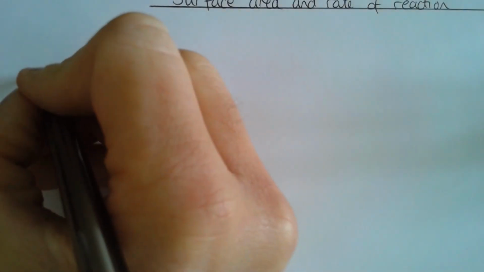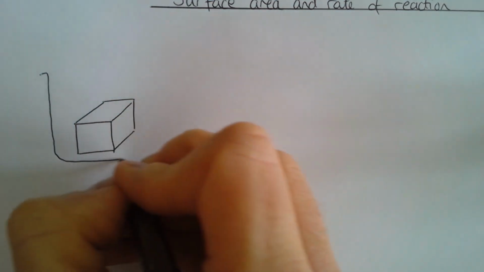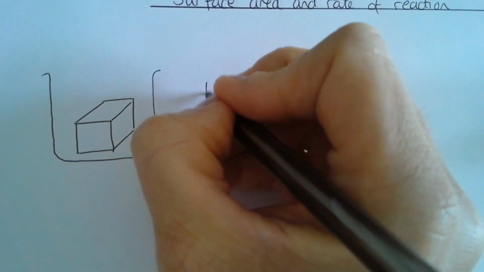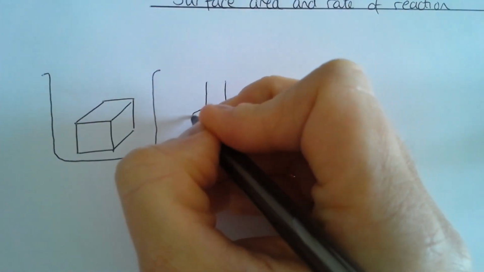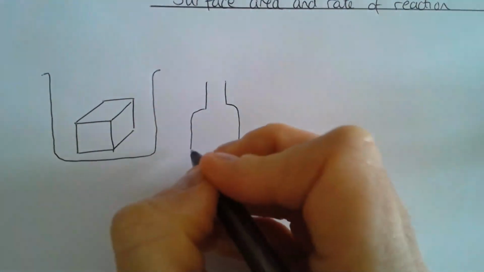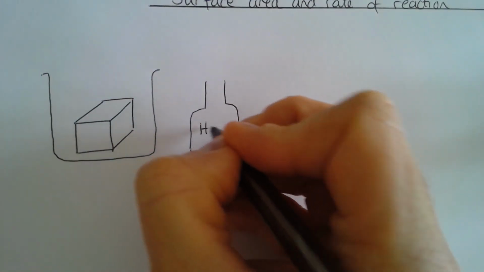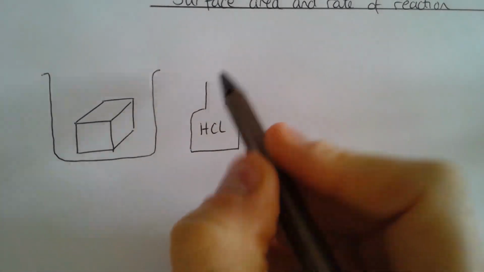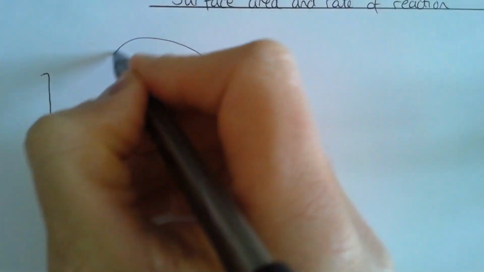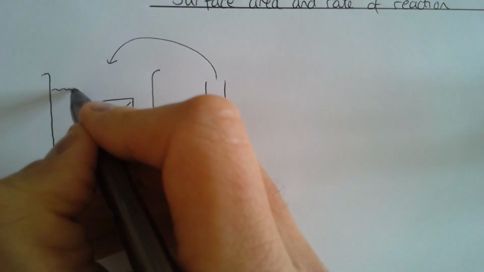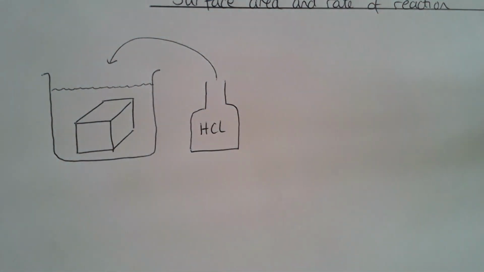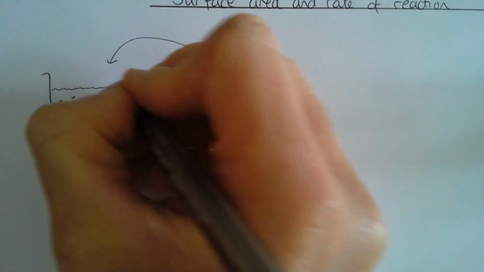So I'm going to put my marble chip in a beaker like this, and then I'm going to add from a bottle some hydrochloric acid. Now the hydrochloric acid is a solution, so I'm going to fill up my beaker with hydrochloric acid, and there's going to be loads and loads of hydrochloric acid particles.